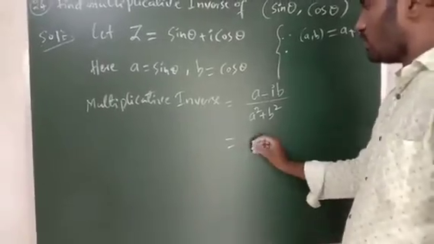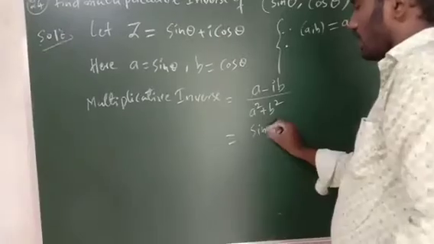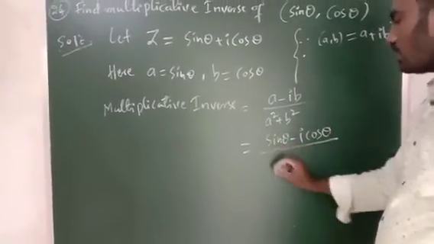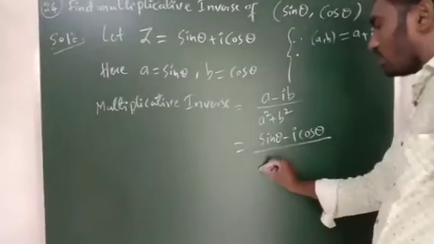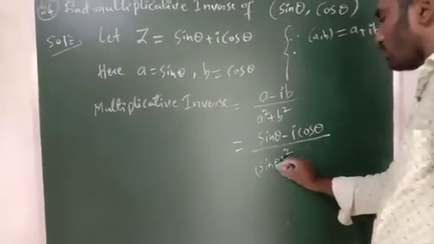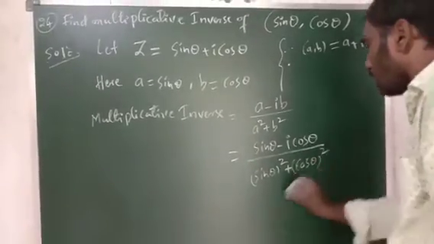So this is equals a minus ib, that means sin theta minus i cos theta, by a square plus b square, that means sin theta whole square plus cos theta whole square.